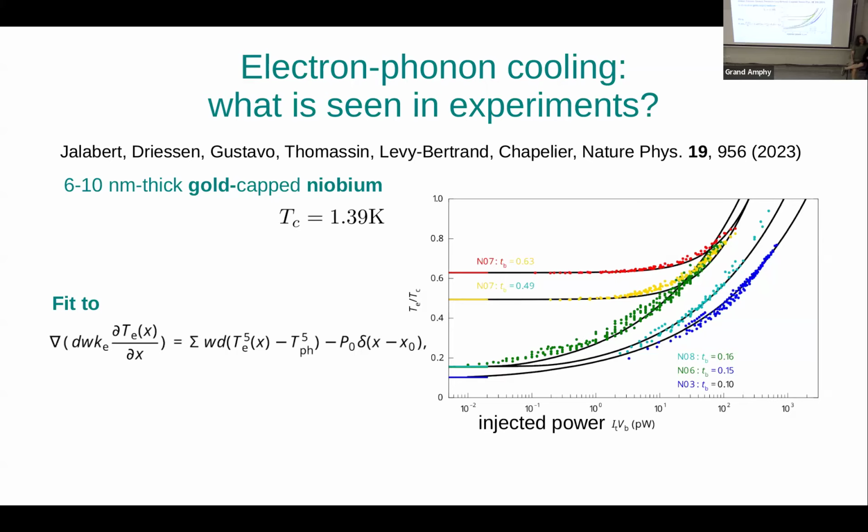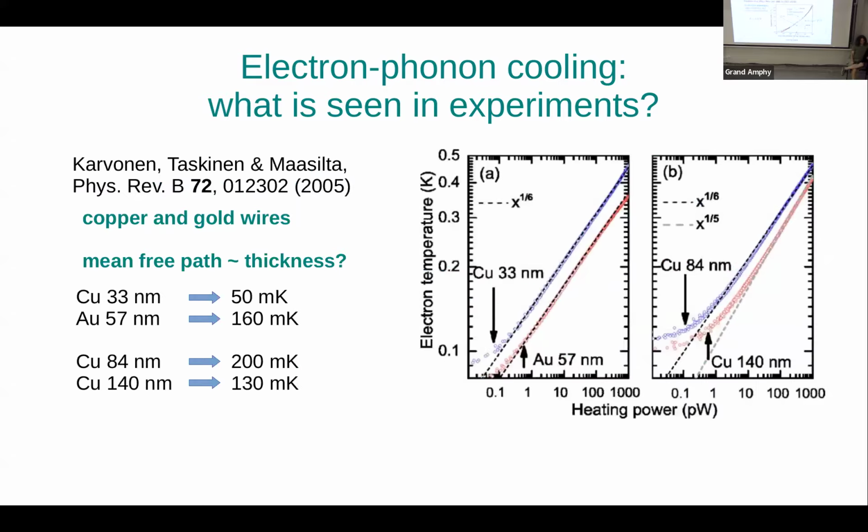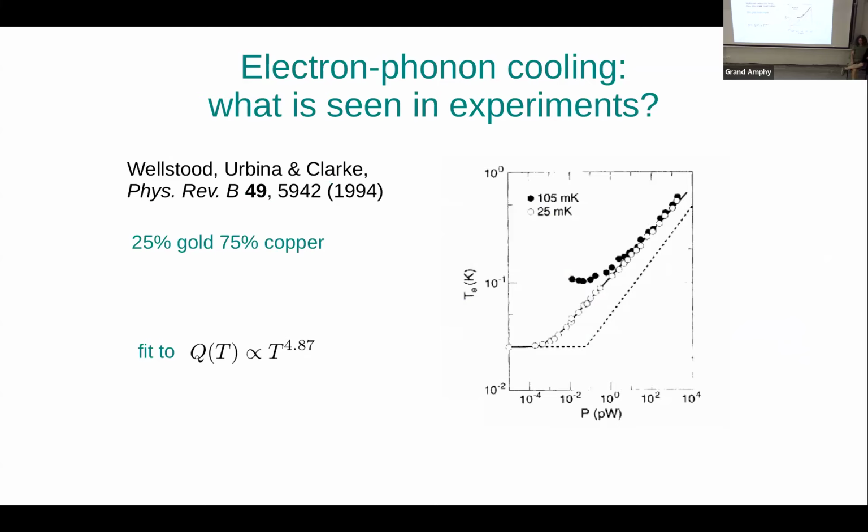From 50 Kelvin you go to 10 millikelvin, and there you will for sure get both the clean limit and the diffusive. Then you can try to fit the whole thing. Just don't fit with the power law, but with the full expression.